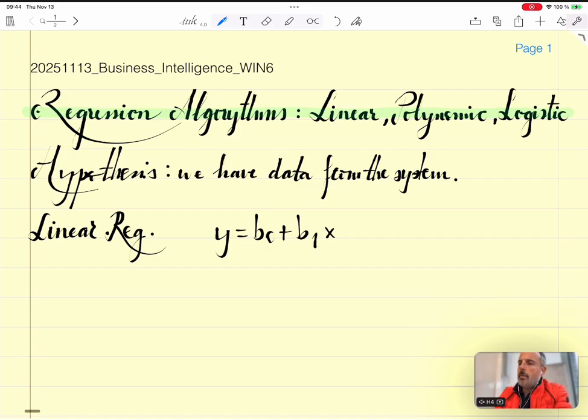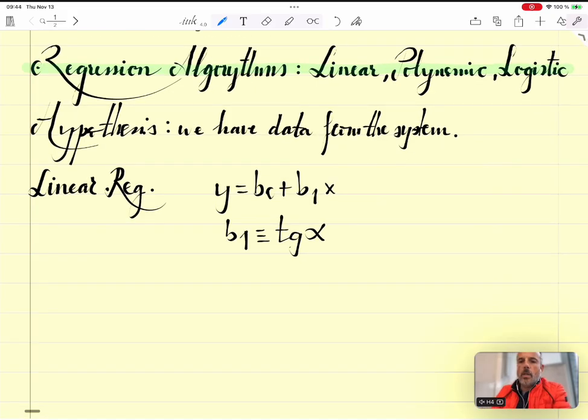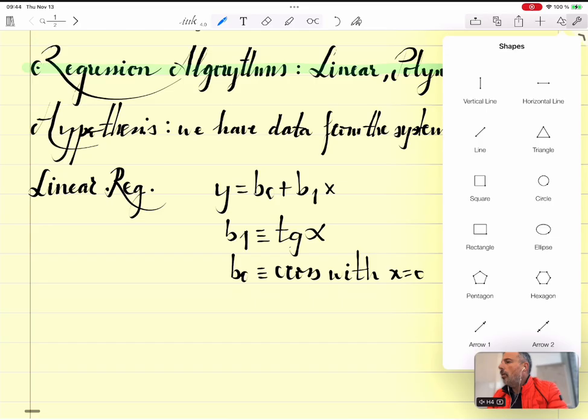And b1 is the tangent of the alpha degree of the line to the horizontal, and b0 is the cross with value x equals 0.